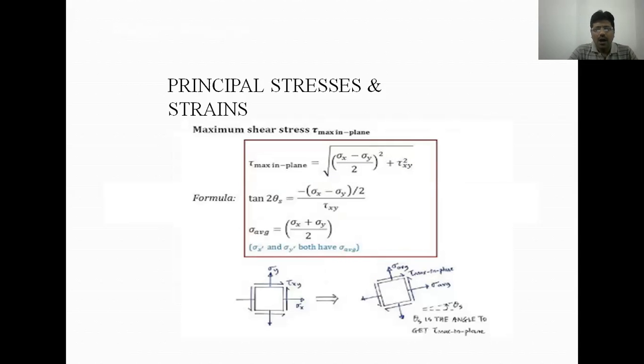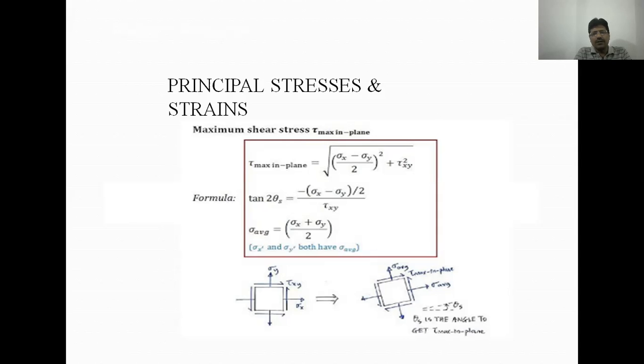Now we'll find how much maximum shear stress is working. We said there are planes among those that have no shear stress at all. At the same time, there will be planes that have maximum shear stress. So how do we find the maximum shear stress and the position of those planes along which the shear stress is maximum, and the slope and direction of the plane from the horizontal?